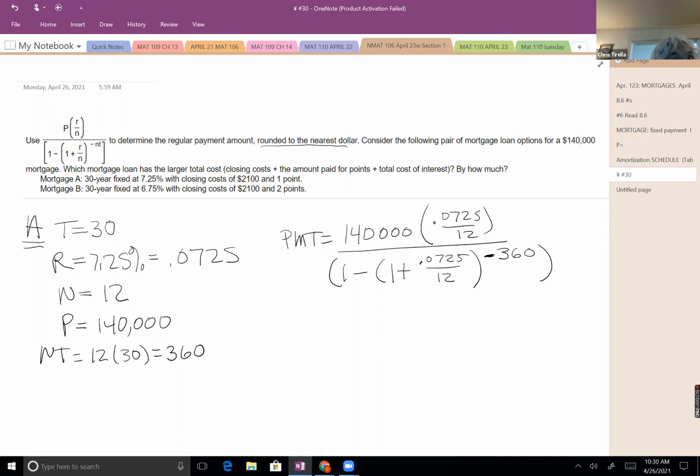I'm going to type in my 140,000 times parentheses 0.0725 divided by 12, close parentheses, divided by parentheses 1 minus parentheses 1 plus 0.0725 divided by 12, close parentheses, carry it up for exponent, negative sign, 360, arrow out of the exponent, close parentheses.